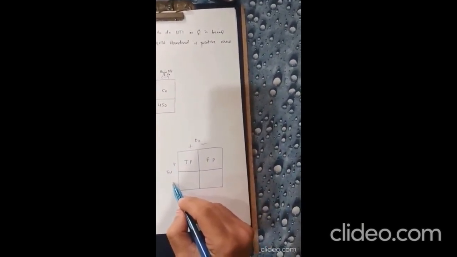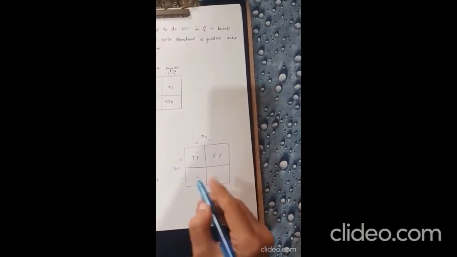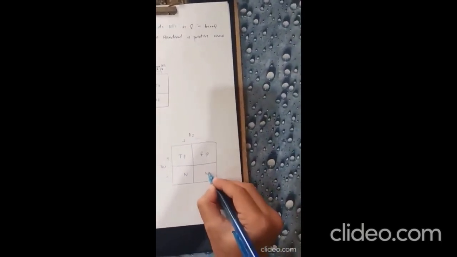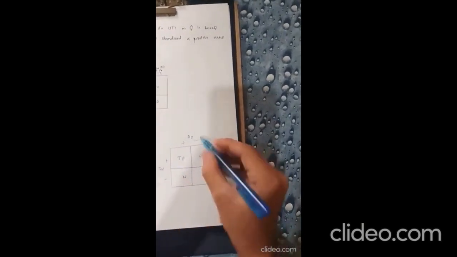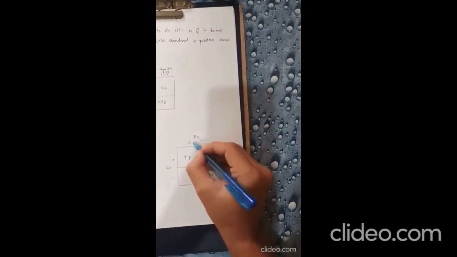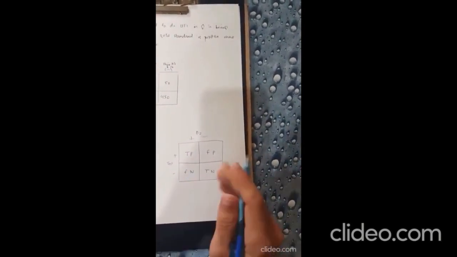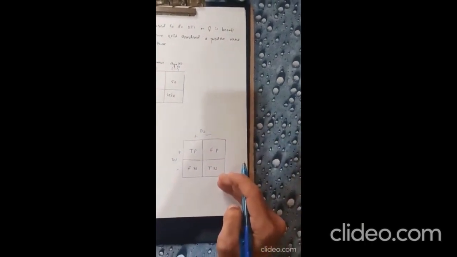Now we label the other row according to the test. If the test is negative and the disease is negative, this is a true negative result. If the test is negative but the disease is positive, this is a false negative result. So this is how you construct a 2x2 table.